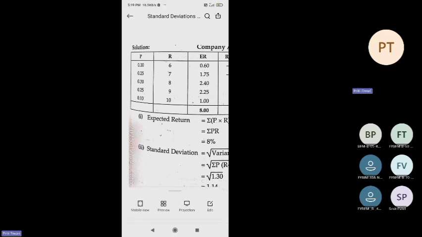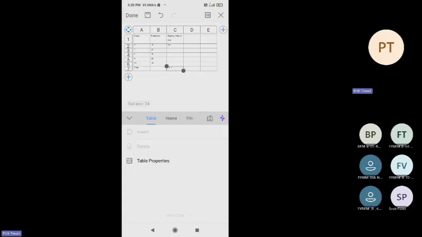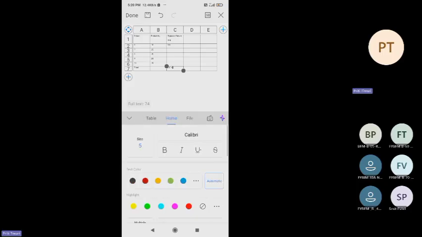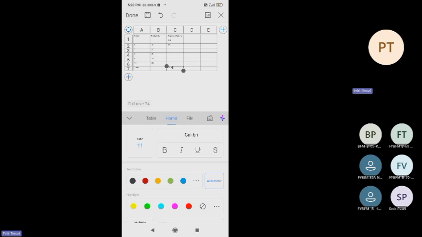We are getting a total expected return of what percentage? 8%. So the expected return is 8%.